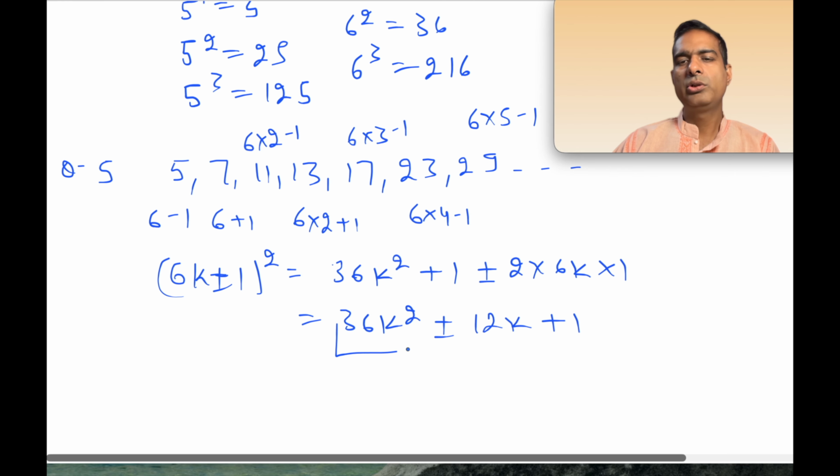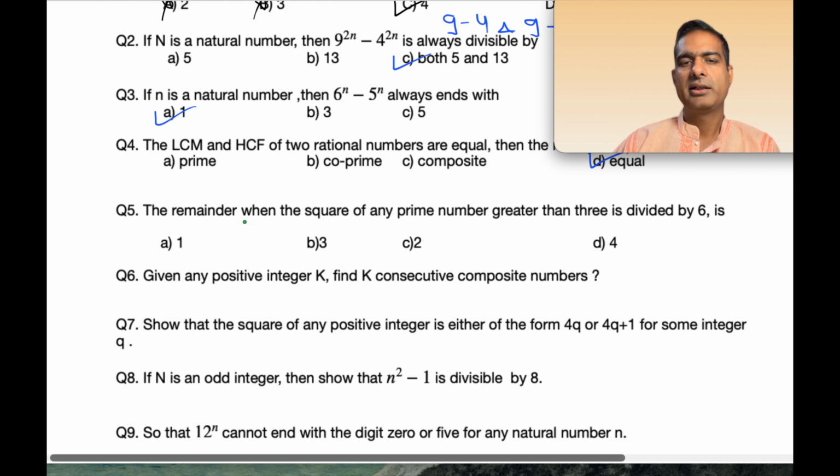These two numbers are multiples of 6. So whenever we divide this number (6k ± 1) whole square by 6, we will get the remainder as 1, because these two will be divisible by 6 and only 1 remains. So the remainder when the square of any prime number greater than 3 is divided by 6 is 1.